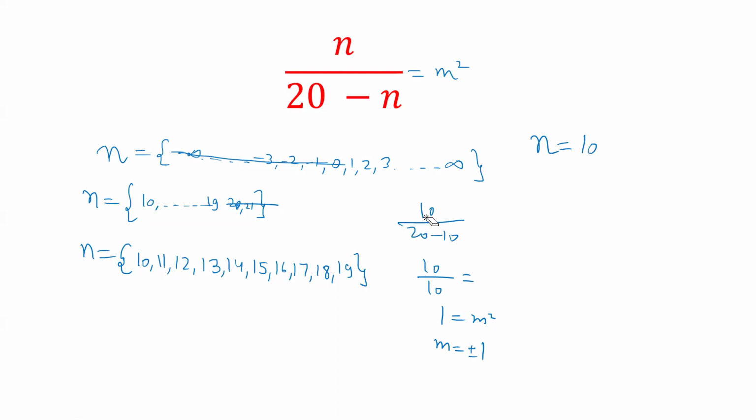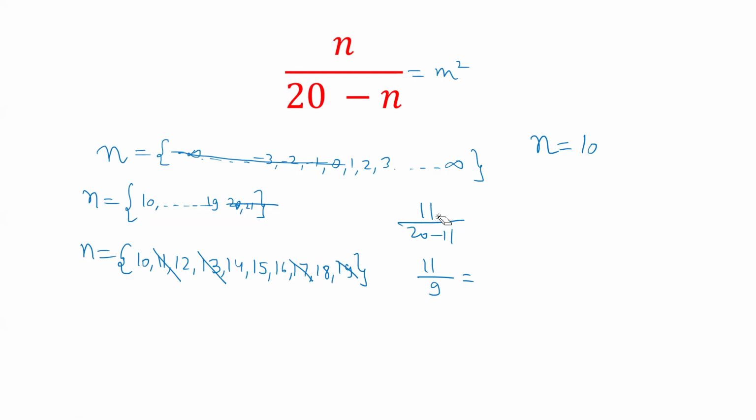Now, if I take 11, it will be 11 upon 9, and 11 is a prime number. A prime number is not divisible by any other number, so if I take any prime number, the numerator will be a prime and the denominator cannot give us an integer. So all the prime numbers cannot be values. Strike off 11, 13, 17 and 19. So one answer is 10.